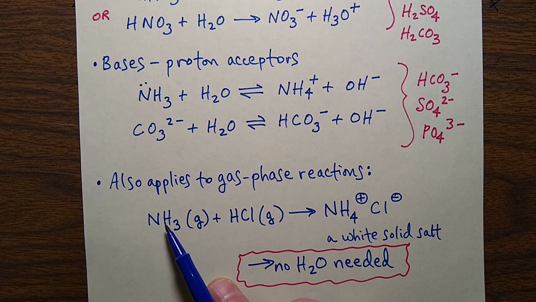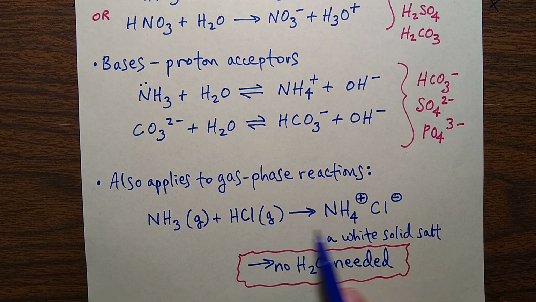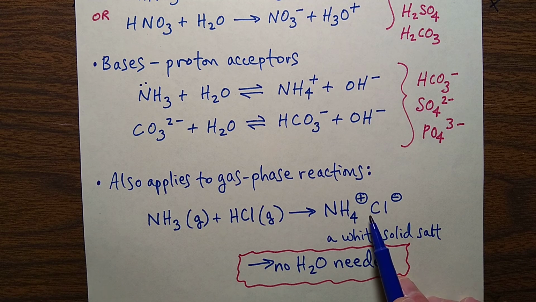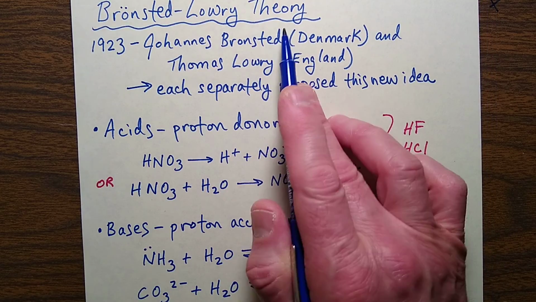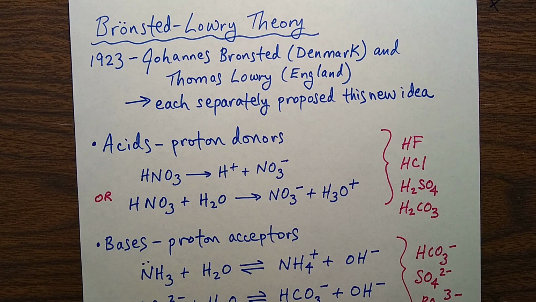You put a cotton ball saturated with ammonia at one end of a tube, and at the other end of the open tube you put a cotton ball saturated with hydrogen chloride acid, HCl, and the gases float down the tube and meet somewhere in the middle, and they form this white cloudy precipitate, and that's a way to measure the speed of the molecules. But there's no water in this reaction, so that's why this theory here is a better theory. It doesn't require water to be present.